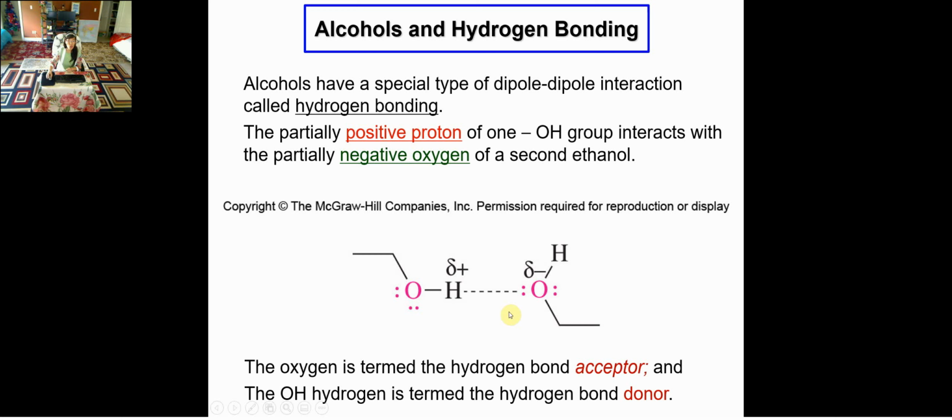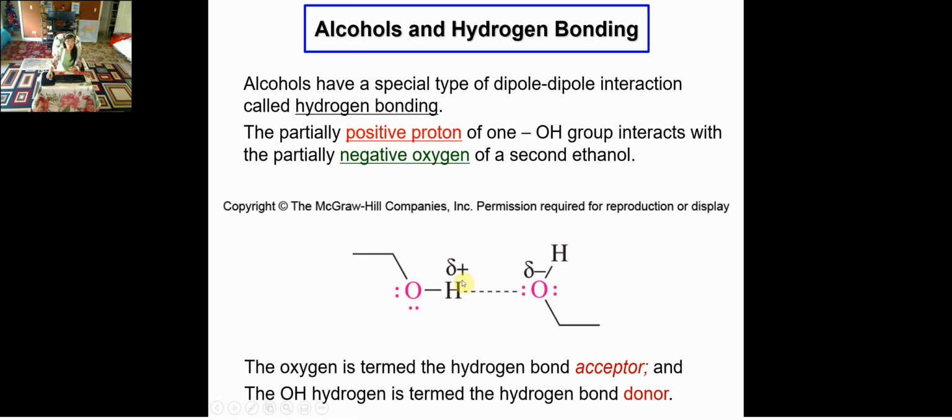Due to this stronger intermolecular force, the hydrogen bond, your ethanol has a much higher boiling point. So in this case, if you have your alcohol, your hydrogen end is much more positive. It's called partially positively charged.